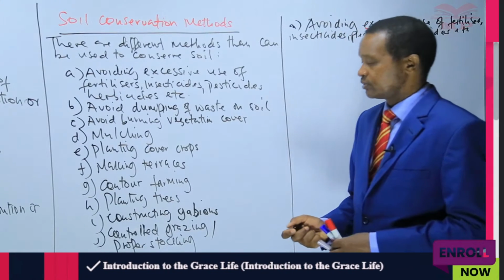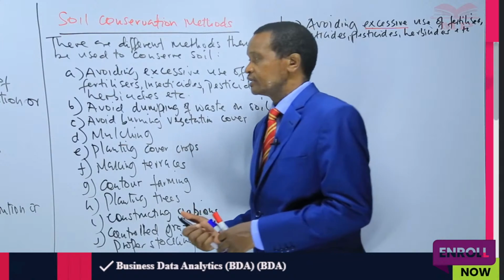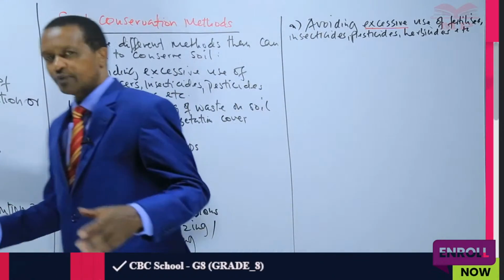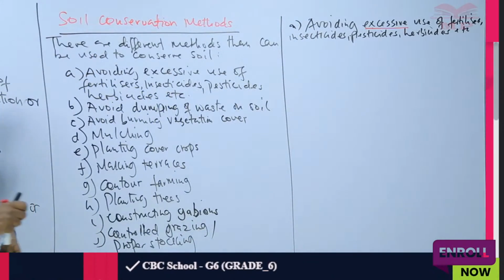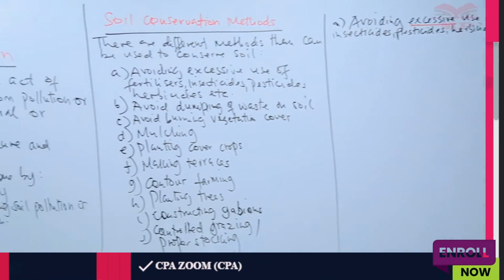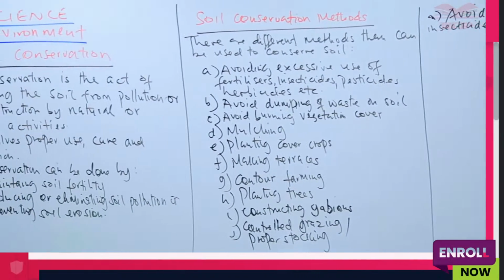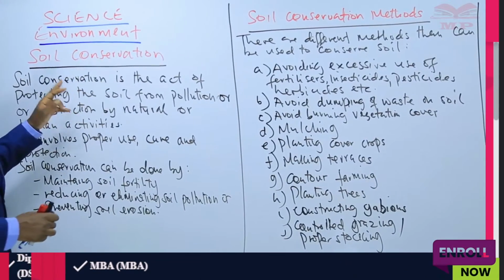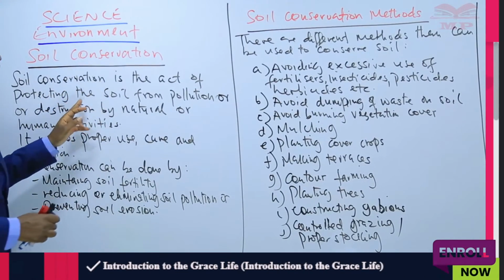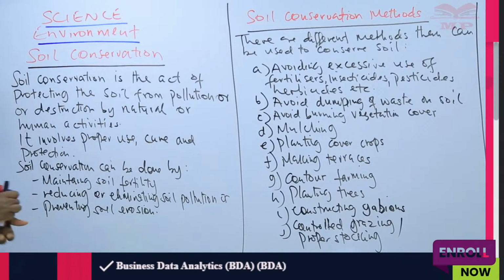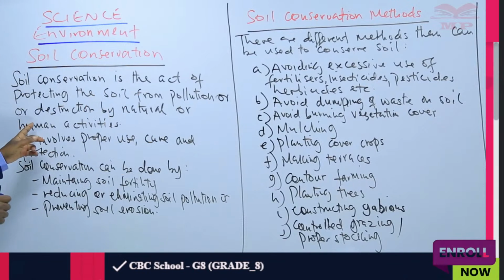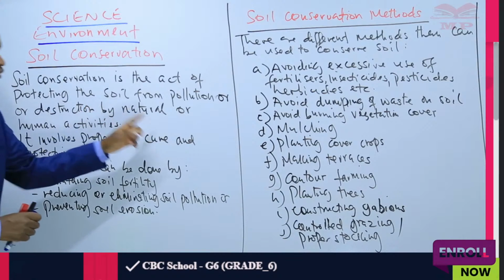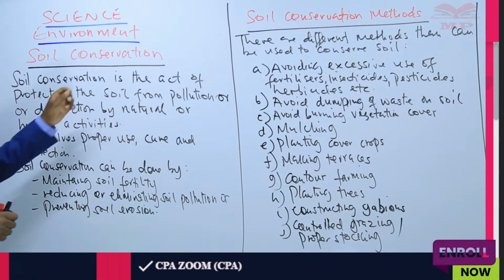Today we will stop at that, but just to recap what we've done in our today's lesson, learners, we introduced soil conservation, whereby we also defined soil conservation as the act of protecting the soil from pollution or destruction by natural or human activities.